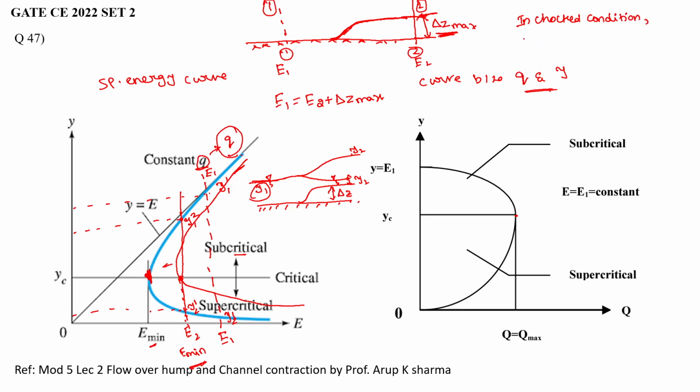In choked condition, the upstream flow condition must change. That is, E1 is the initial one, and from E1 it will increase to E1 dash. So in this condition, the depth will change, in such a way that E2 will become equal to E minimum.